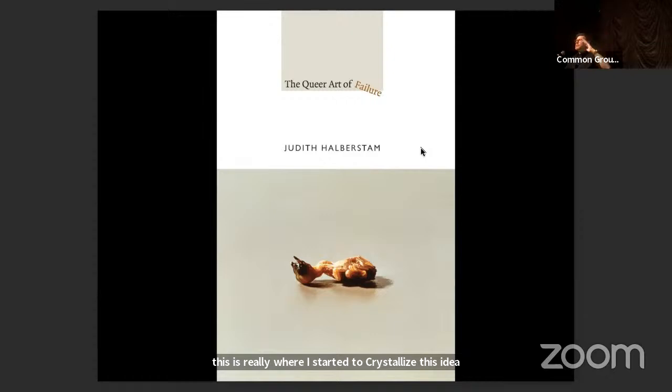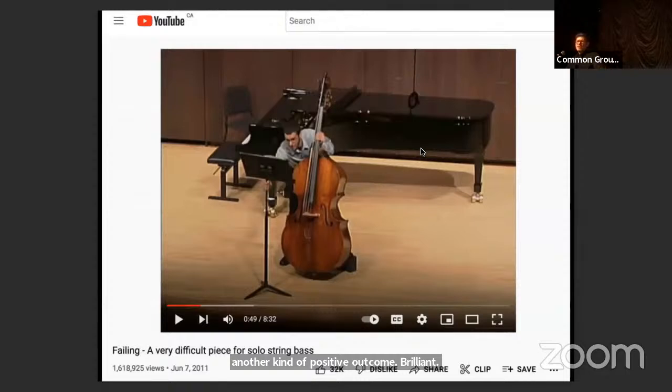And it's brilliant. It's a book that takes Pixar movies and the characters from animated kind of popular films and understands failure through those contexts, and then does this whole queer analysis around them, in which failure becomes another kind of positive outcome. Brilliant.